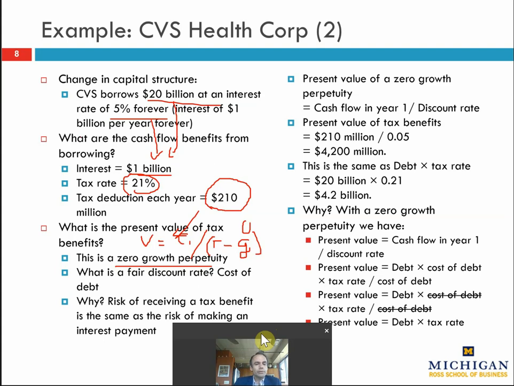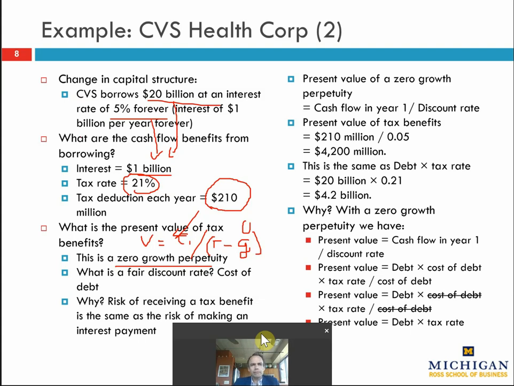If you take on a constant dollar amount of debt, and if you invoke the simple assumption that the risk of receiving a tax benefit in any year is the same as the risk of making an interest payment, that will tell us what a fair discount rate is. So suppose you take a simple situation that says, if I generate enough cash flow to make this interest payment to the lenders, remember there's still risk here, cash flow could be up or down.